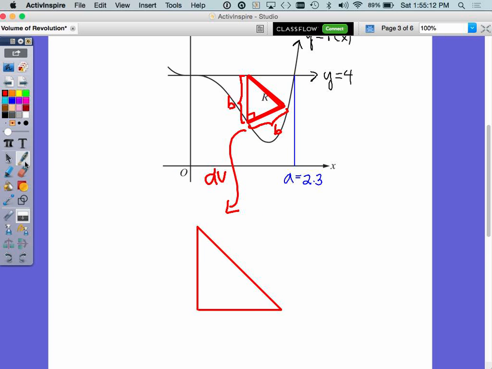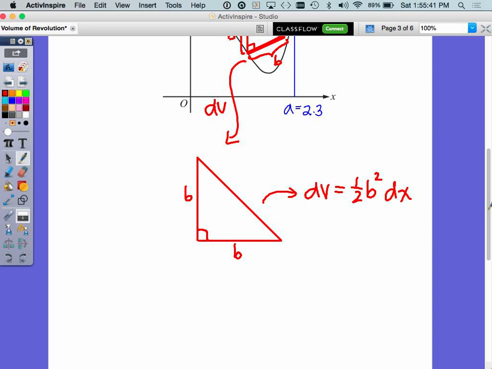I've already labeled this as B, and because it's isosceles, that's also B. And I want to know what the volume of this slice is. The volume of the slice, of course, is going to be the area of the slice times its thickness. And the area of the slice is a half base times height, which in this case is a half base squared. The thickness of the slice is dx, coming into the board.